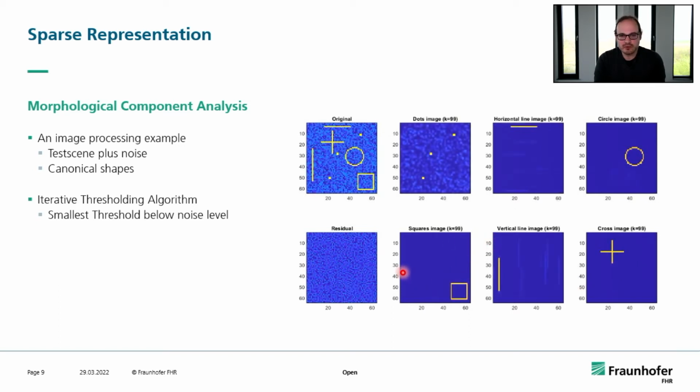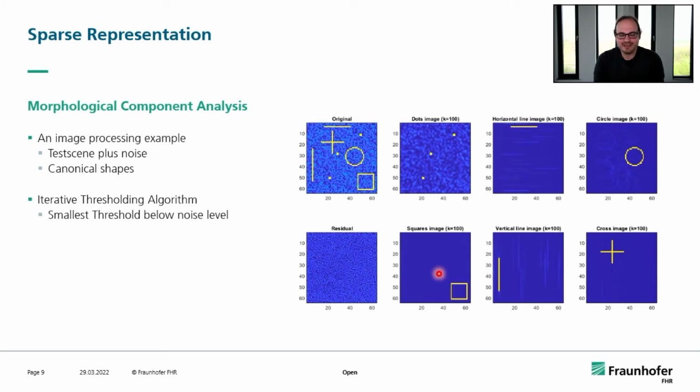Now, when we come to the end, we see that our smallest threshold is below the noise level. So especially here with the dots, we go into the noise level and we end up with a quite noisy image in the end. With the larger scattering or the larger shapes, this doesn't happen because we cover a lot of energy with one scattering, with one example.